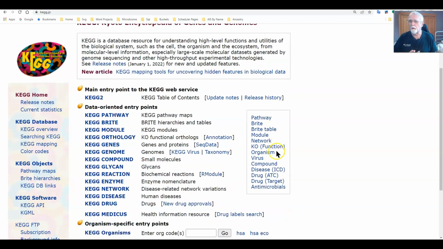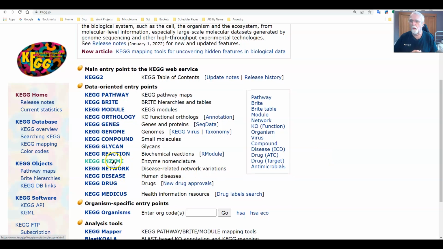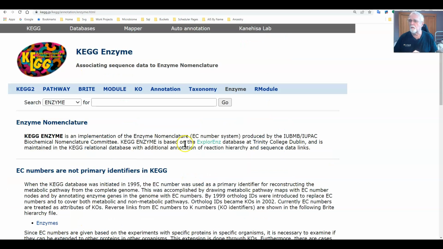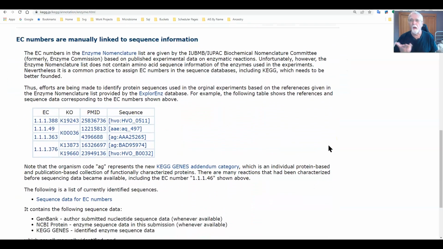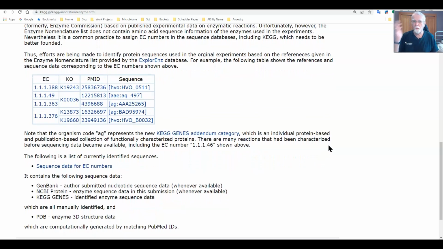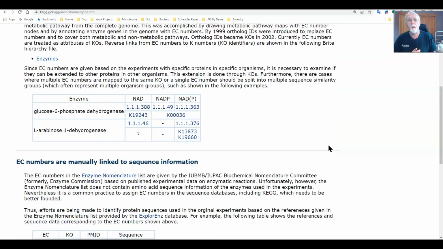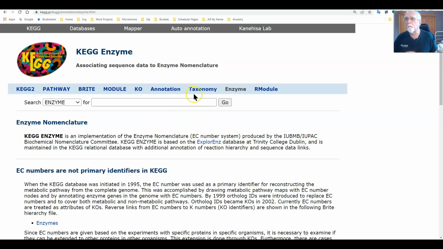And as you see, we have all sorts of things. For example, we can go down here and click Enzymes, and it gives a description and tons of information, which proceeds to get overwhelming for most people.